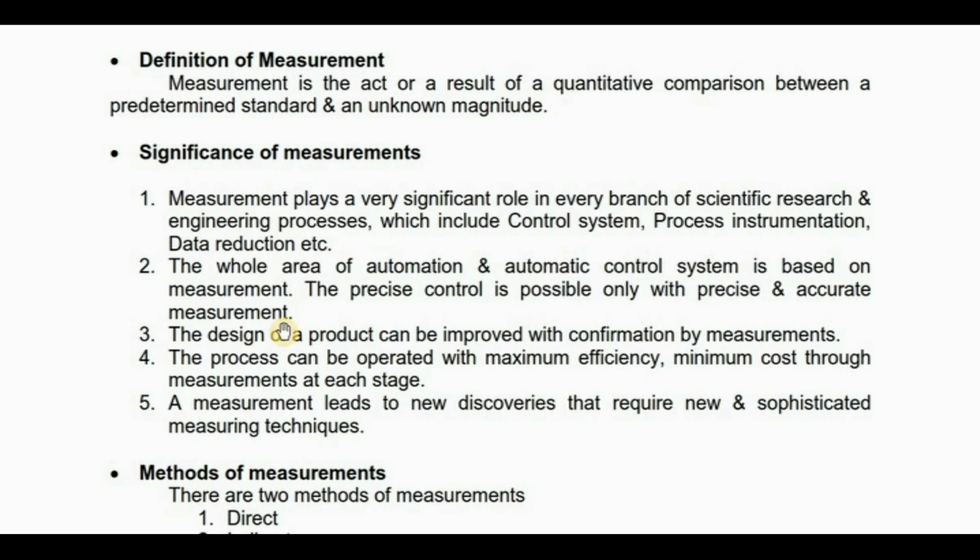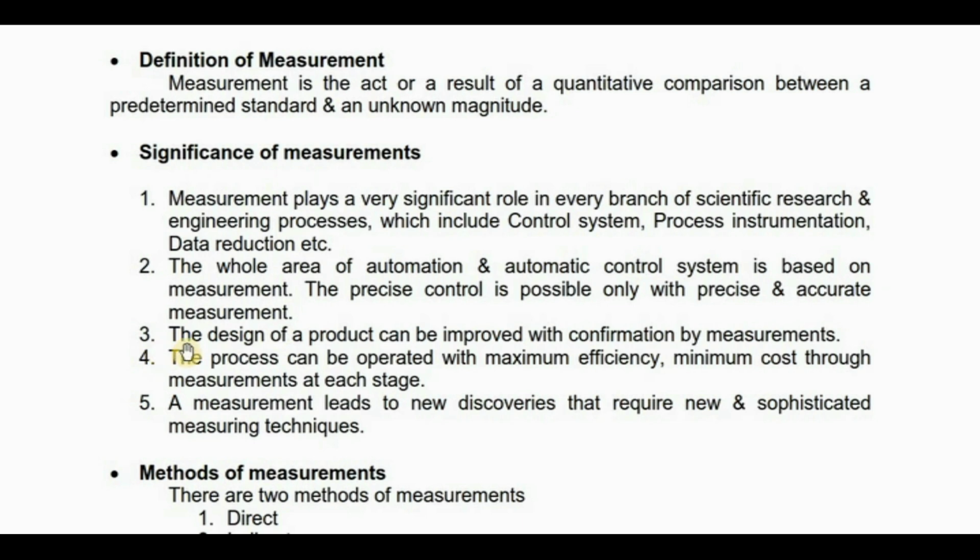In that system, very precise control can be done if you are well aware of the values of the parameters within that particular process, and hence to know the values of the parameters, measurement is required. Okay, so that is the second significance.